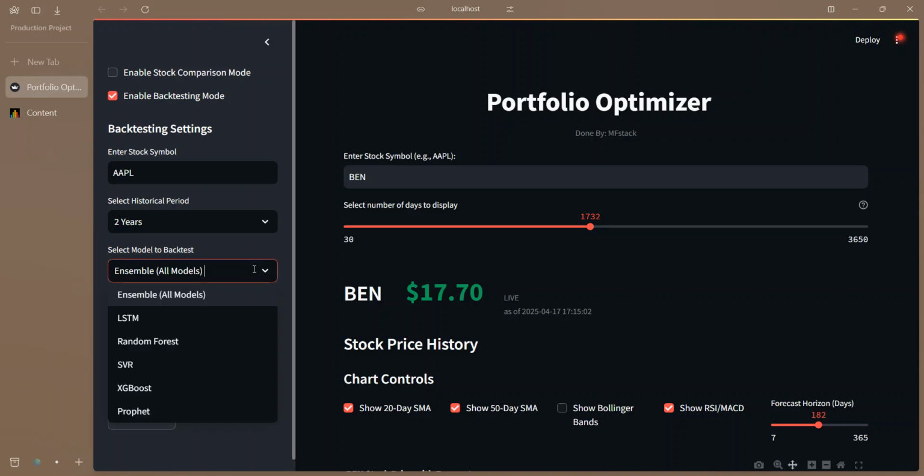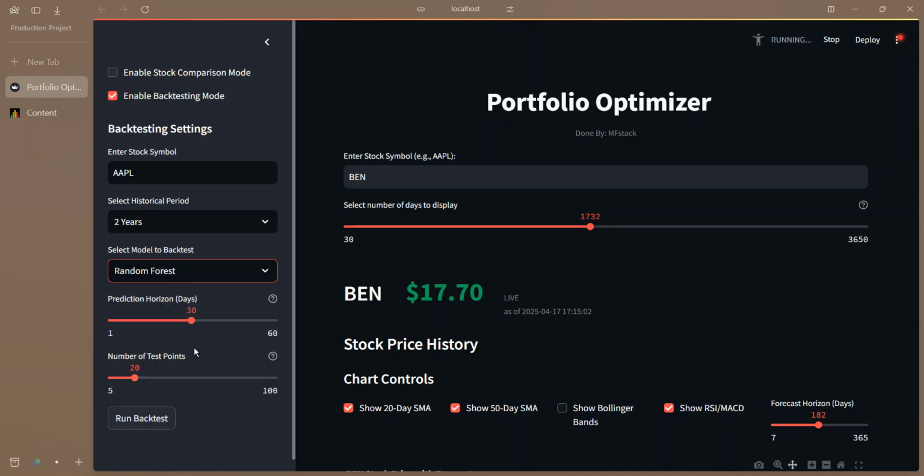Let's say I would choose one of these models to backtest with. Let's say I would choose Random Forest, and I would like to increase the data points for accuracy.